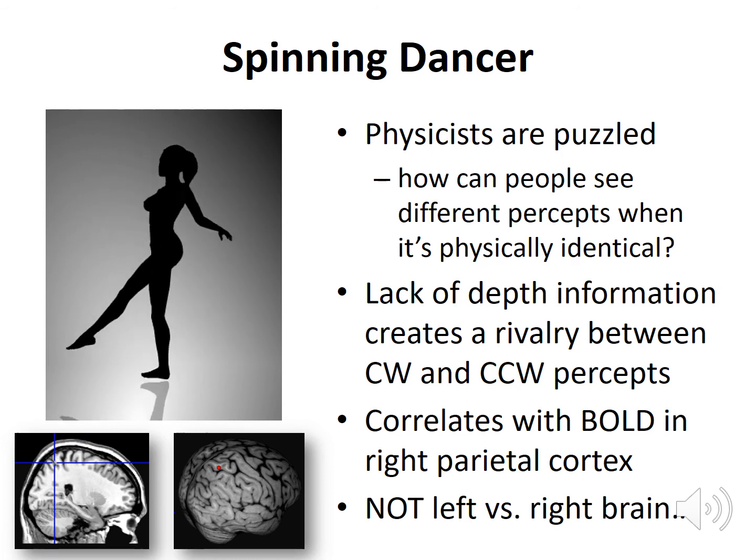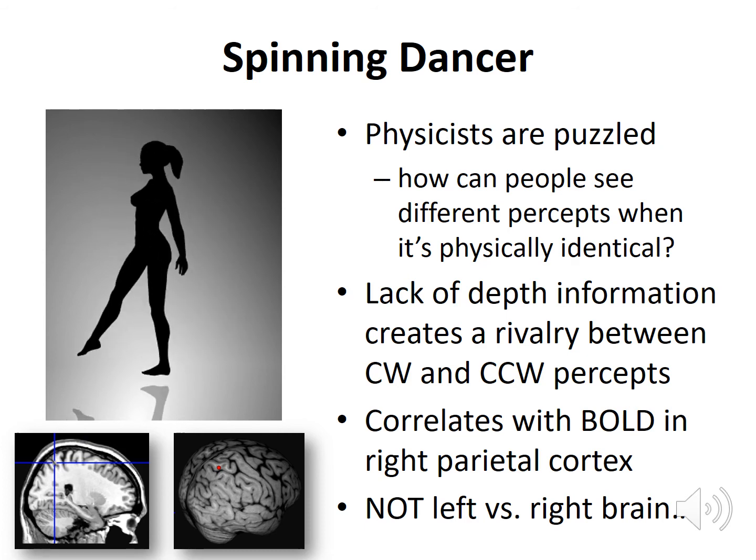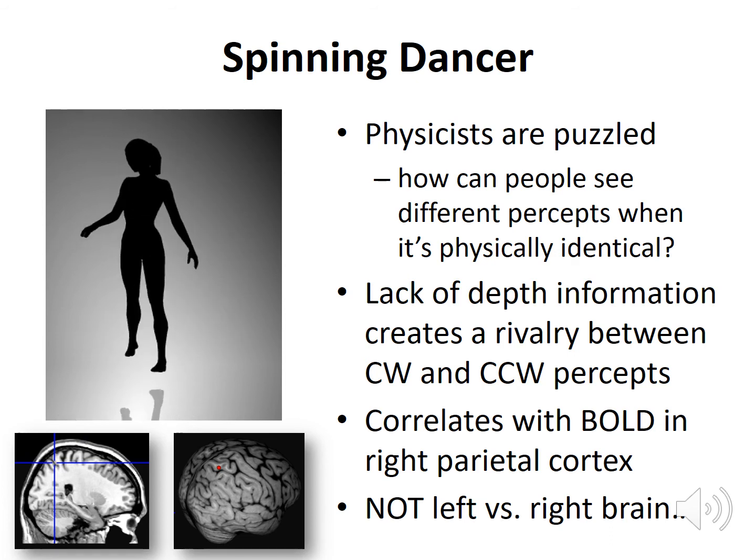A correlate has been found using functional magnetic resonance imaging in the right parietal cortex, which generally reflects the notion that information in space is processed in parietal cortex.